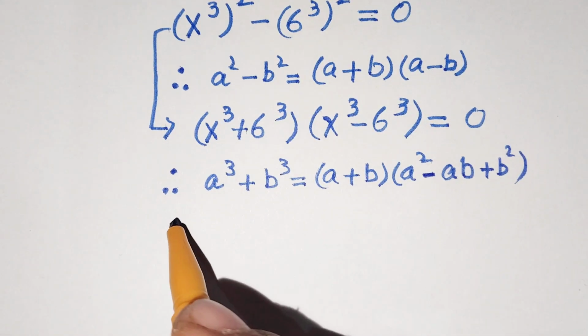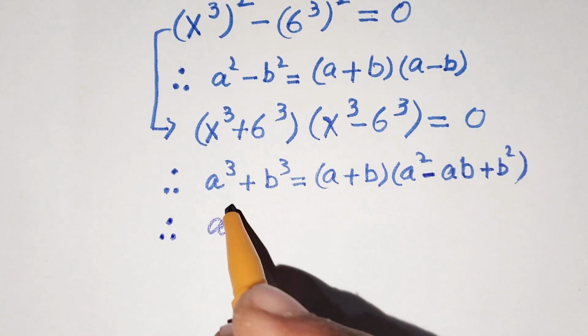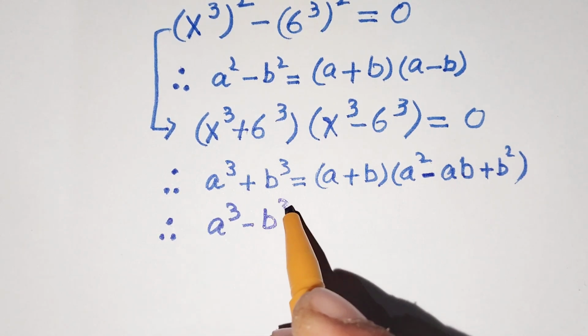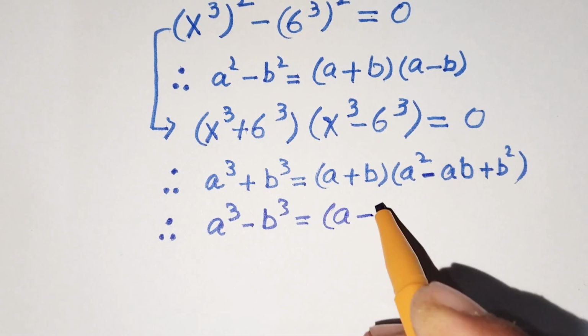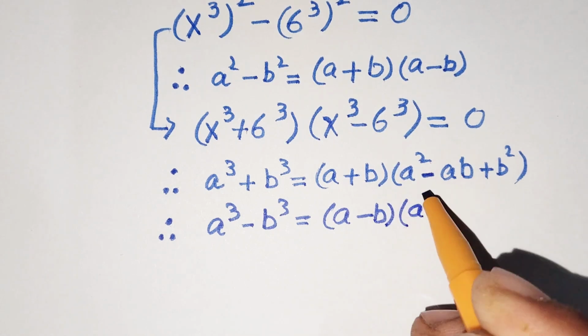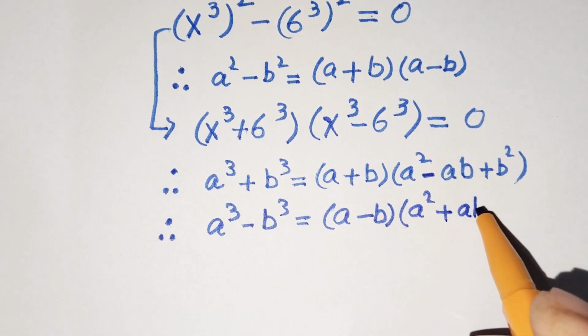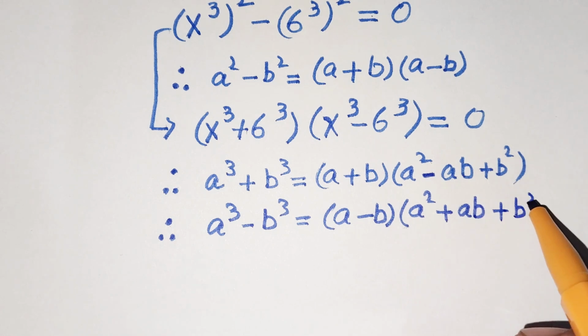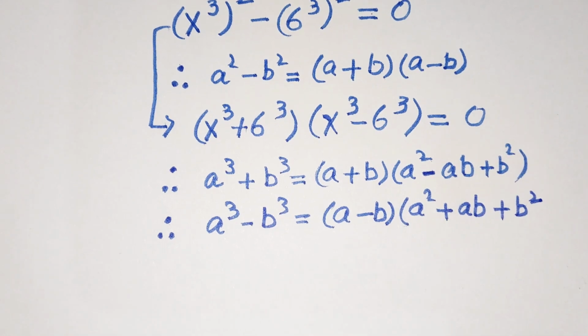Similarly, a cube minus b cube is equal to a minus b times a square plus a into b plus b square. So these are basic algebra formulas.